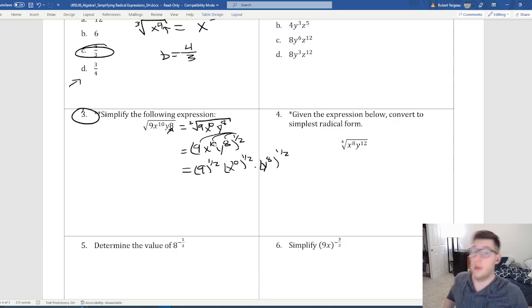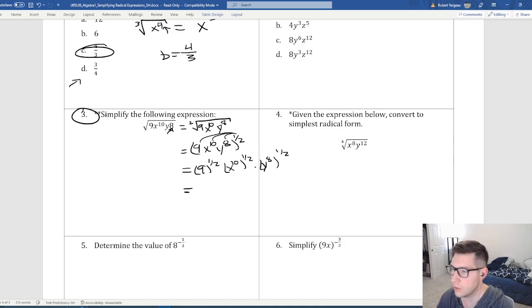Our line by line is going to be a big part of what makes us very successful in using these properties and simplifying radical expressions. If we are not neatly writing and neatly using line by line, we are going to be hurting ourselves down the road by potentially mixing up numbers. So just make sure it's really clear what's being raised to what power when we're writing these down.